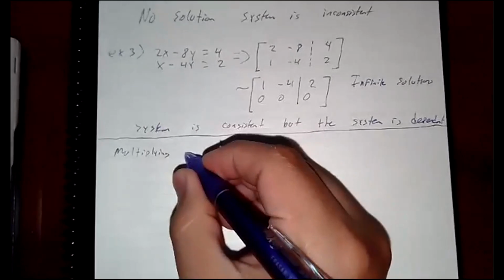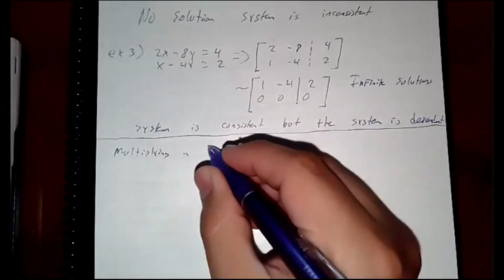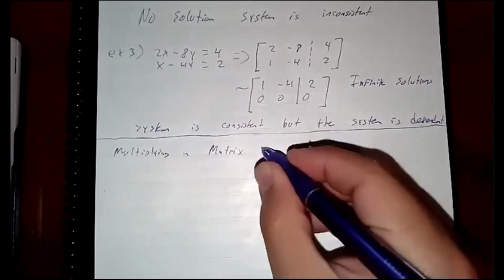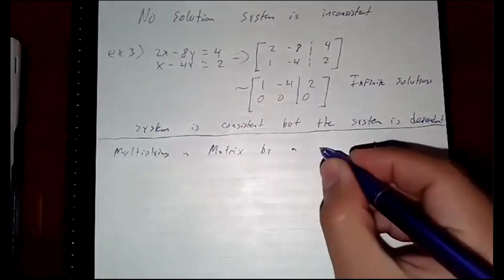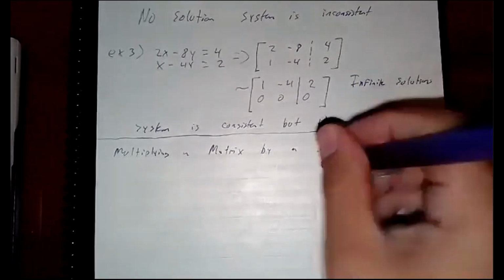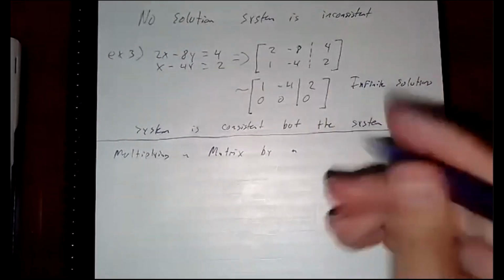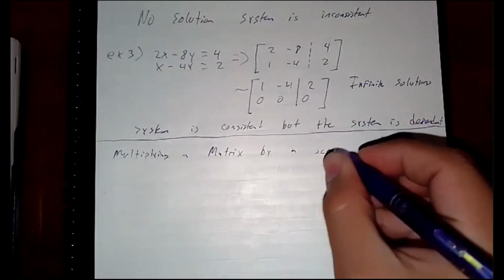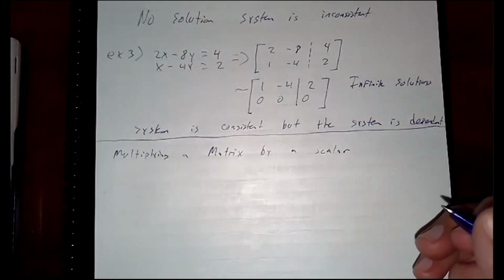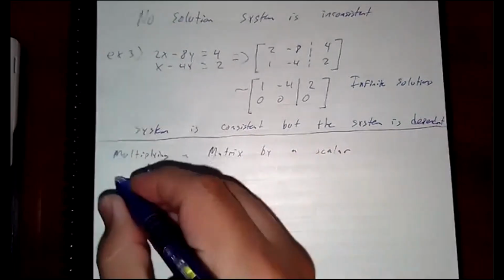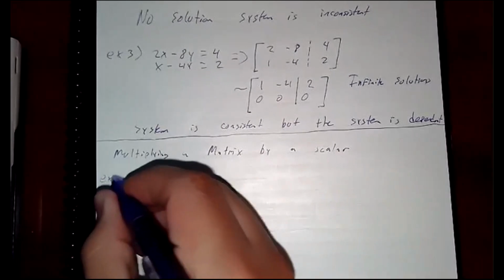So we're going to start with multiplying a matrix by a scalar. So basically, if you have a matrix, here's an example.